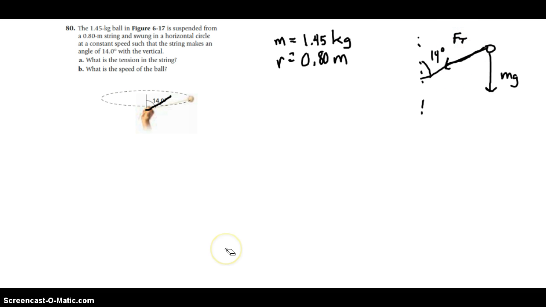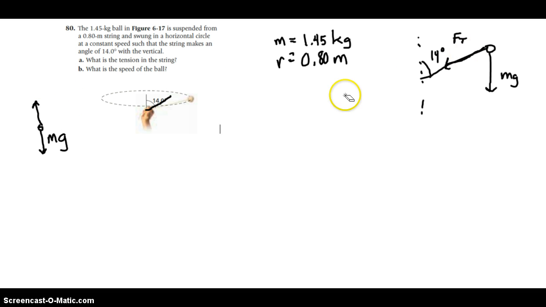So there's going to be two components of tension, because if we look at the free body diagram of the ball, we have the weight bearing down, but since the ball is being swung in a horizontal circle, there's no net force in the vertical direction. So that means the vertical component of our tension is going to be pointing upward.